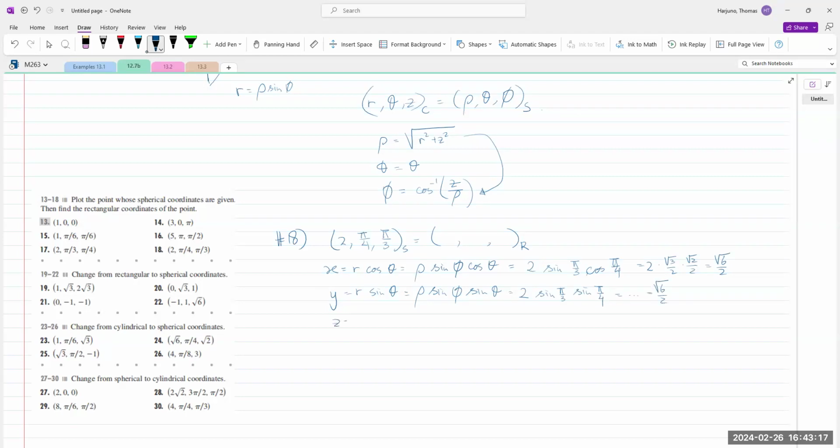And the z component will be rho cosine phi, which is 2 cosine pi over 3. That is 1. So the rectangular coordinates will be radical 6 over 2 for x, radical 6 over 2 for y, and 1 for z.